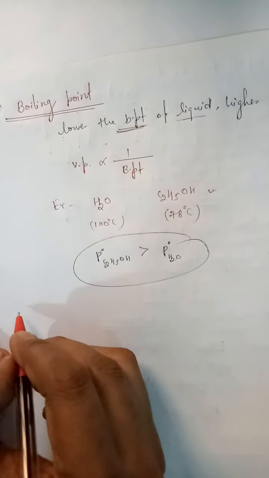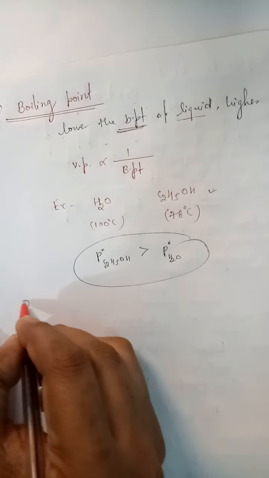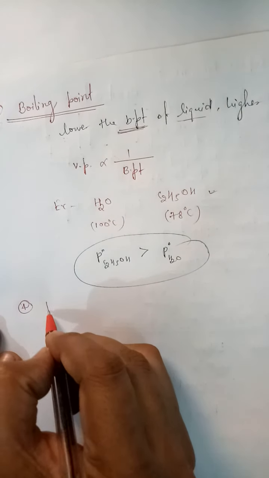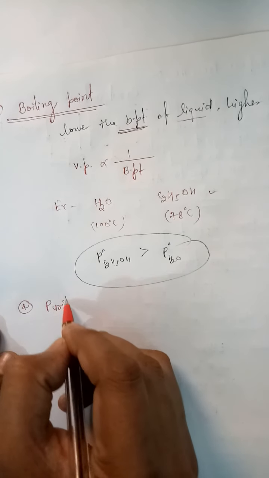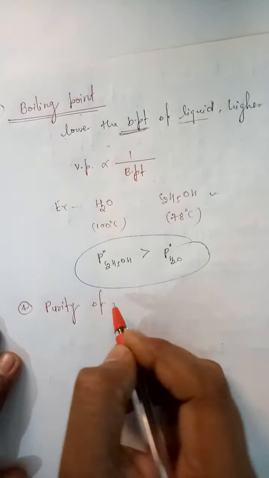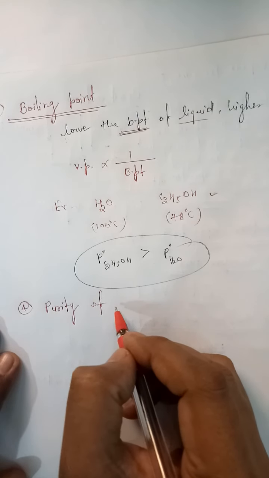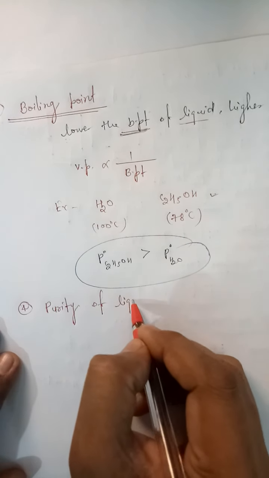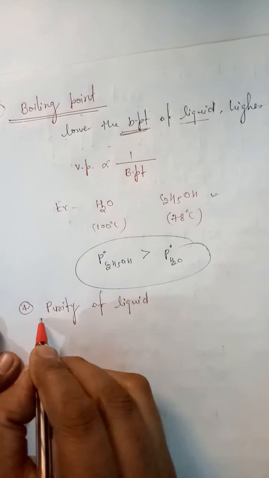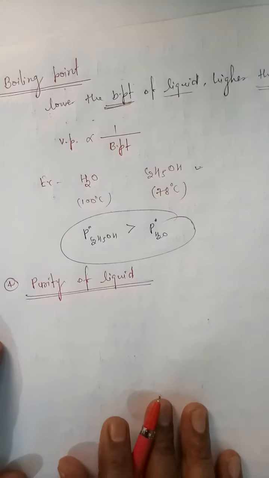And the fourth factor is purity of the liquid. The liquid is either pure or in solution. We'll talk about the vapor pressure of a pure liquid and a solution.